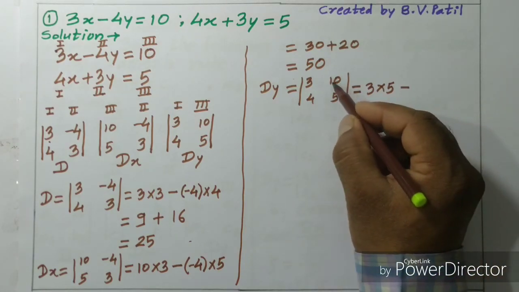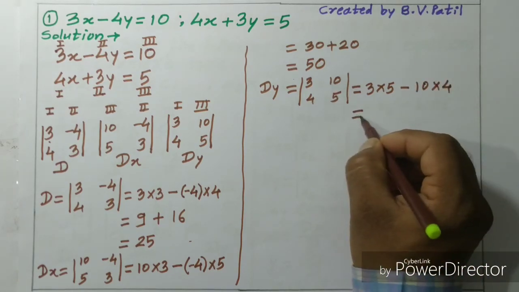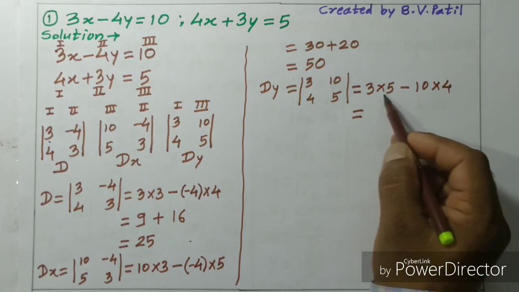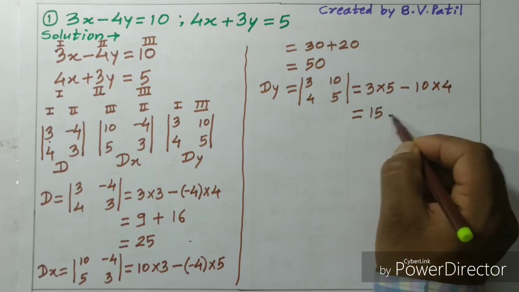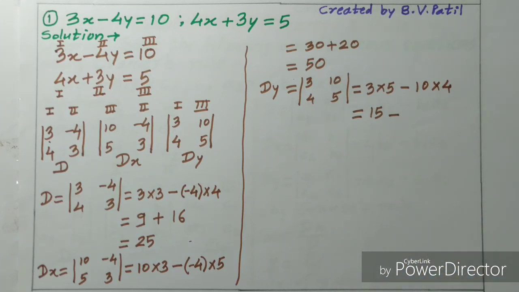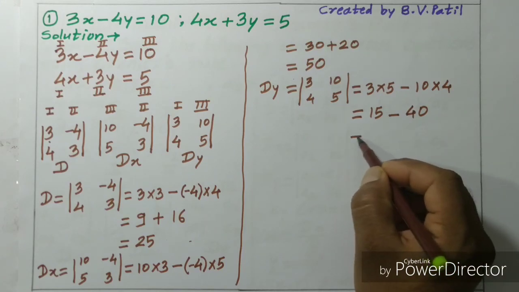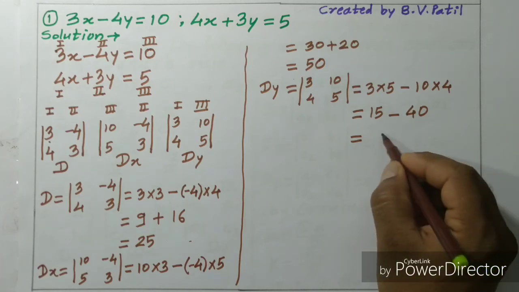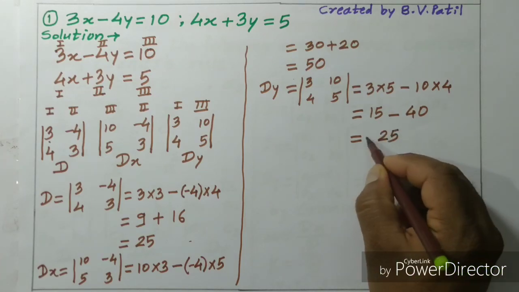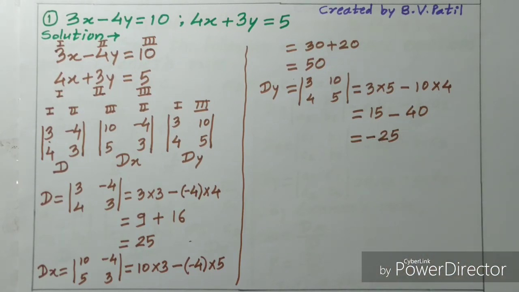That is 10 into 4. What do we get? Multiplication. 5 3s are 15, minus, what do we get? Multiply here. 10 4s are 40. Then do subtraction. Subtraction we get minus 25, the sign of the larger number we write here.